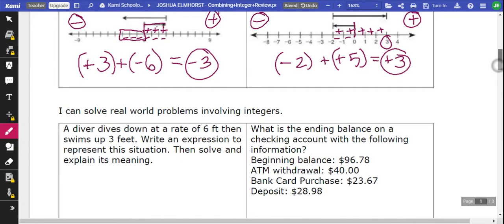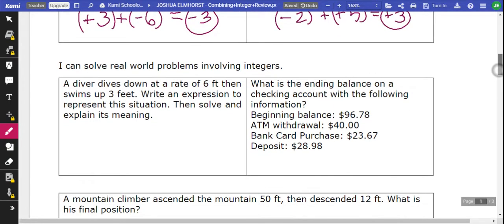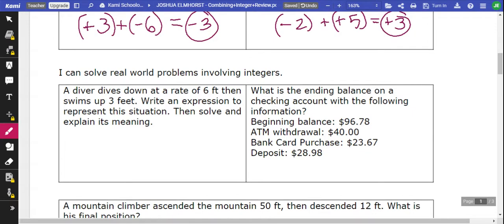So I can solve real world problems involving integers. So we have a diver that dives down. Down is negative, and it looks like it says 6 feet, and then swims up. Up is positive, 3 feet. So write an expression to represent the situation.